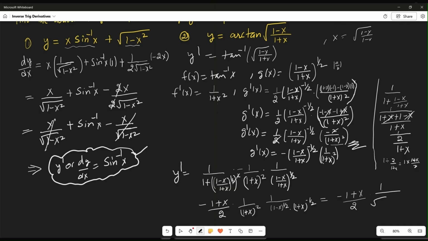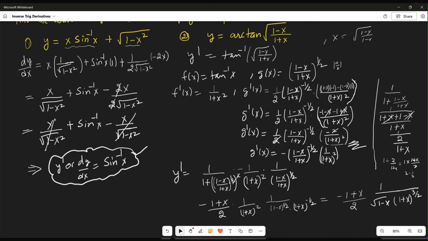or either way 1 minus x multiply 1 plus x, so you can just add the power same. So 4 minus 1 is 3 over 2. Right, right.